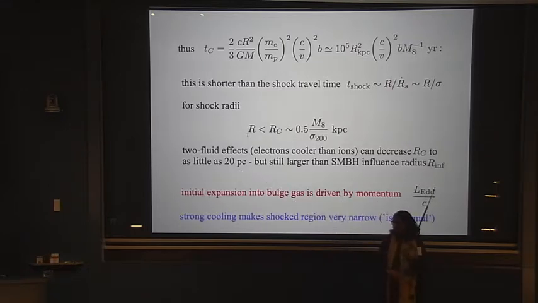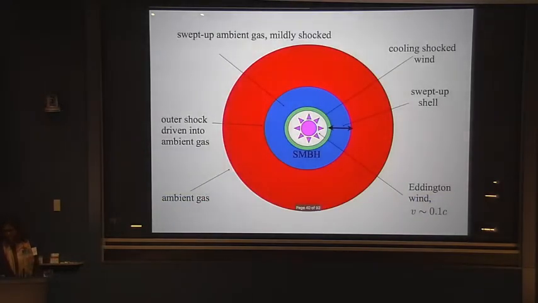So now you have a description of a cooling wind that is momentum driven, that can couple the inner regions to about 20 parsecs. Basically you have very strong cooling, and so the shocked region is very narrow. It's nearly isothermal. And this is that picture that we're talking about.